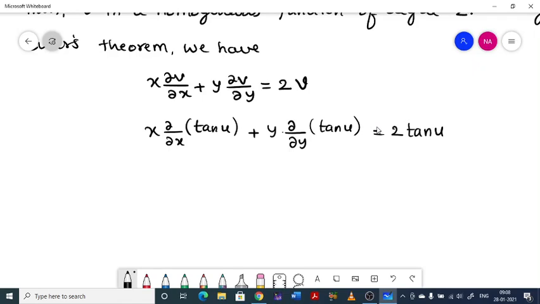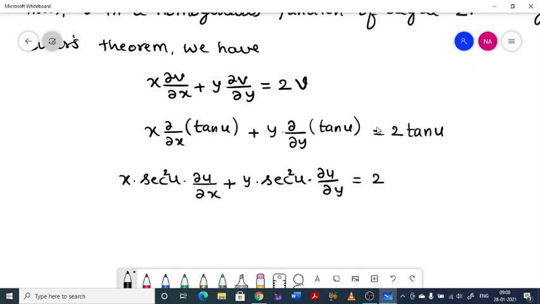Now differentiating tan u, we get secant square u. So x into secant square u into derivative of u with respect to x plus y into secant square u into derivative of u with respect to y equal to 2 tan u. Divide both sides by secant square u.